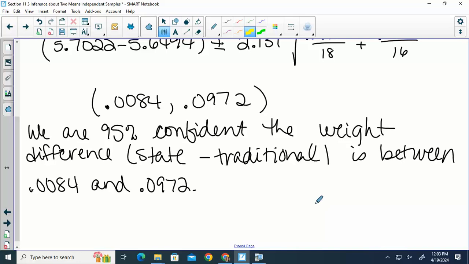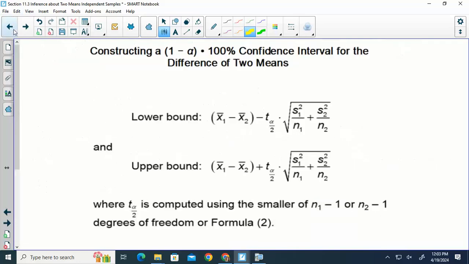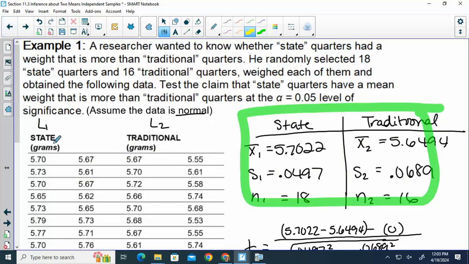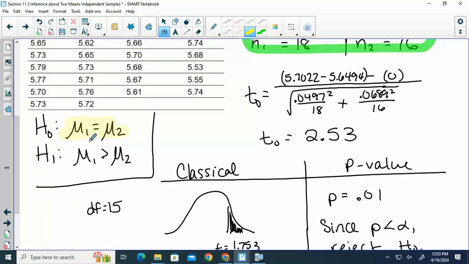Reject. Why? Because it's proving that equation. Our null hypothesis was that they were equal.